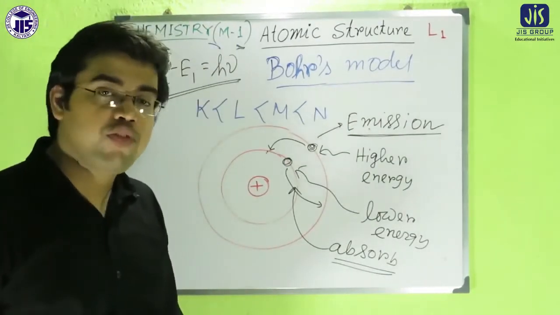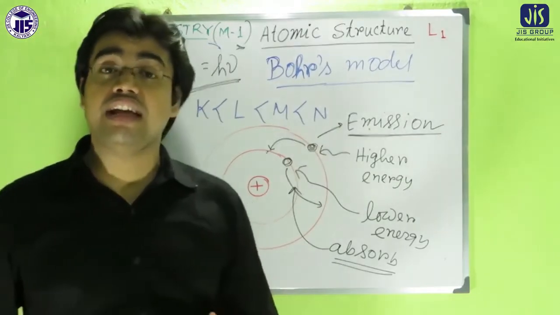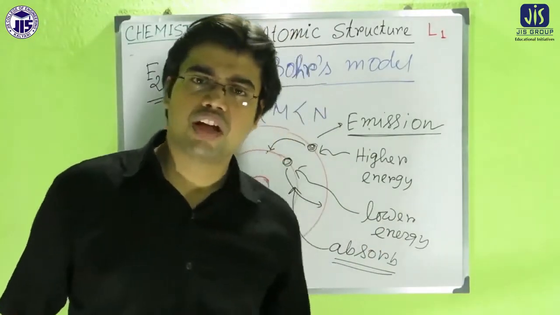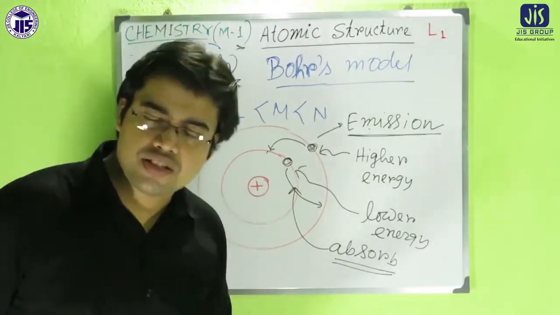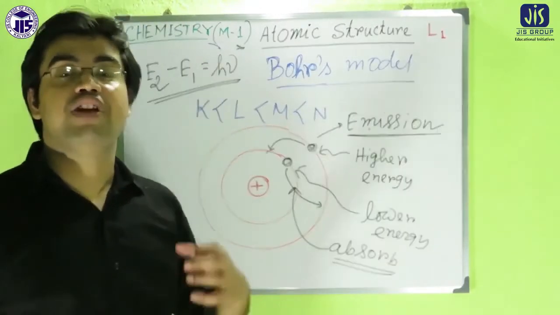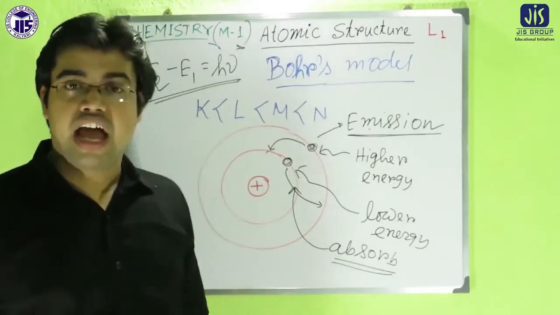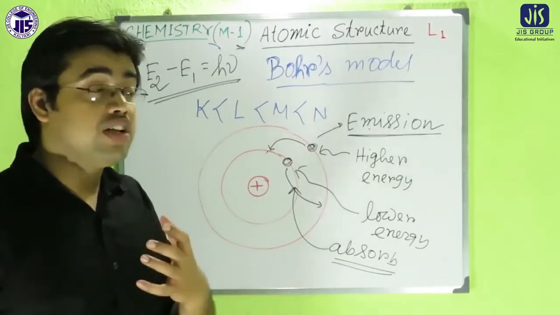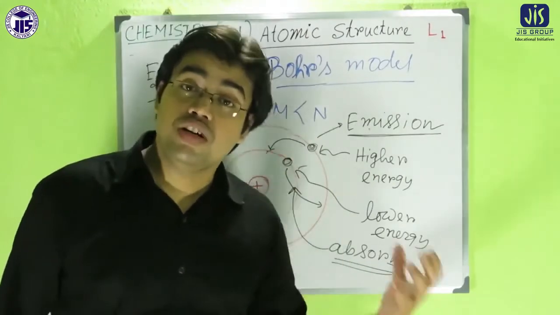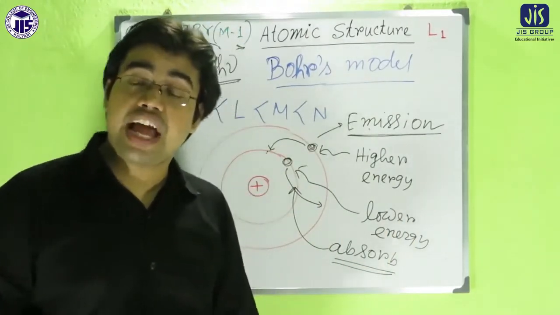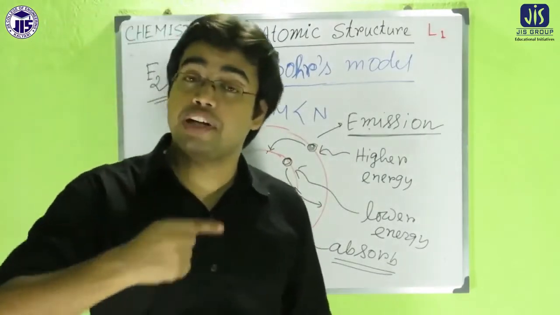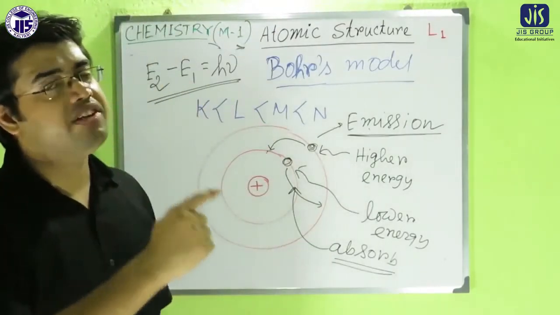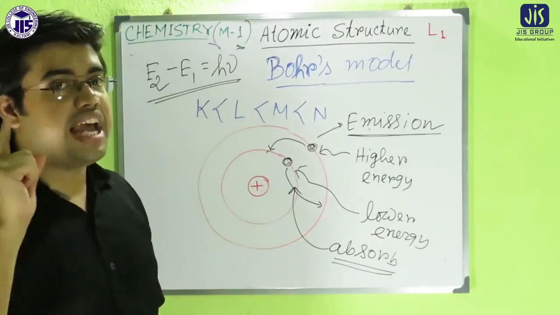First of all, the Bohr model clearly indicated that there are some orbits or energy levels through which the electron revolves around the nucleus, and those energy levels, that means the orbits, have particular energy. When one electron revolves around the nucleus in a particular orbit, it will neither emit nor absorb the energy.